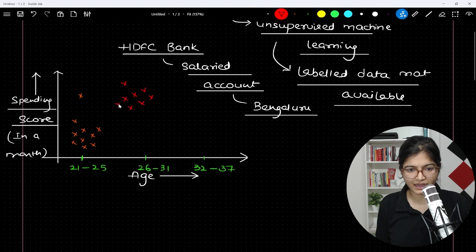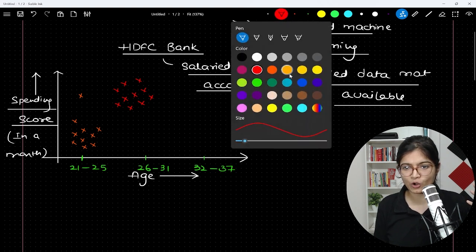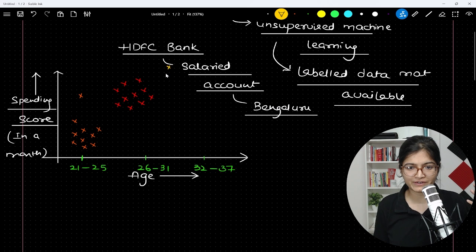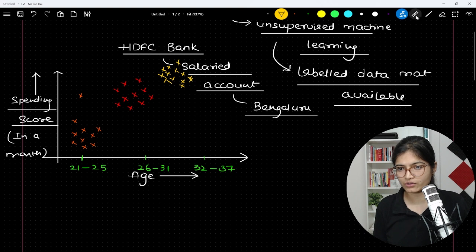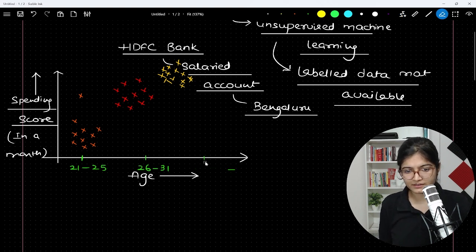Then as their age further increases, maybe they will be having more responsibilities as well. So maybe we can say that they belong to some different category like this. Okay? So depending upon their spending scores, this range lies somewhere here, 32 to 37.